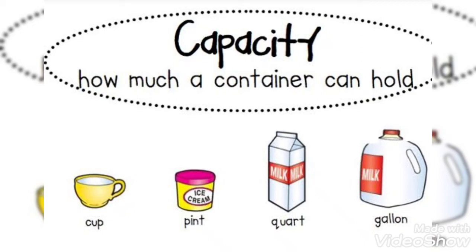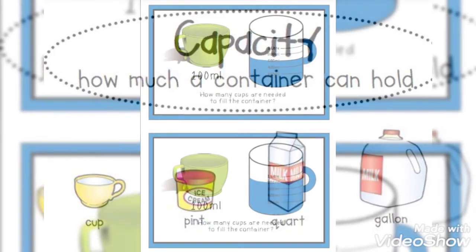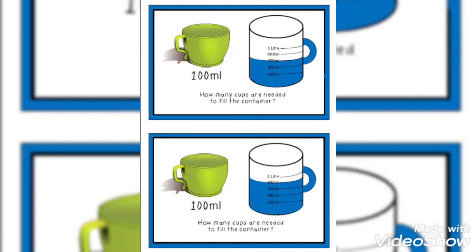Mass of an object tells us how light or heavy that object is. So children, what is the definition of mass? The definition of mass states that mass of an object tells us how light or heavy that object is.